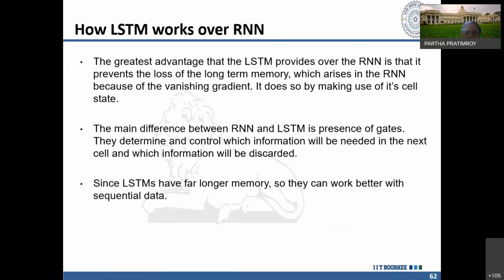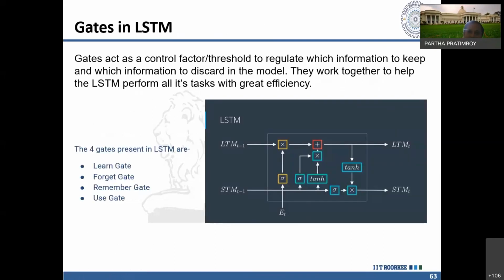So now you are seeing how LSTM works. The great advantage that the LSTM provides over the RNN is that it prevents the loss of long-term memory, which arises in the RNN. The difficulty we see, the explosion of gradients and vanishing gradients, is taken care of in LSTMs. In the LSTM you have two lines, long-term memory and short-term memory.